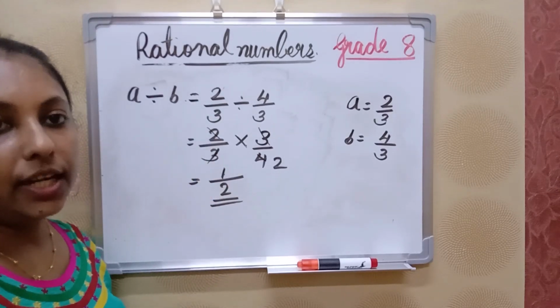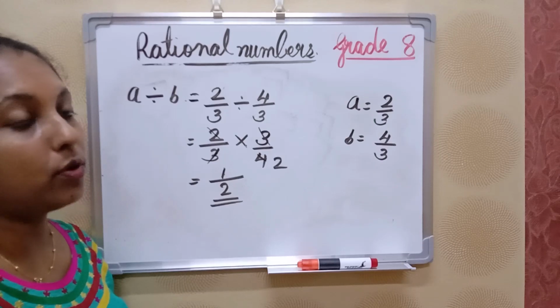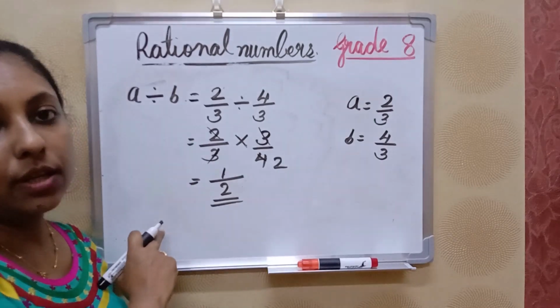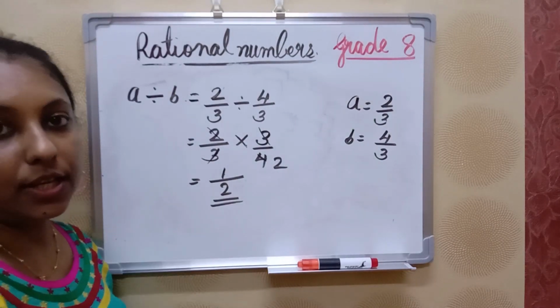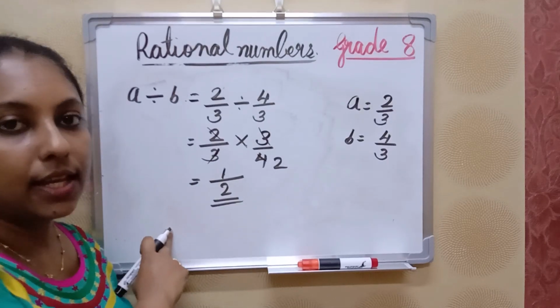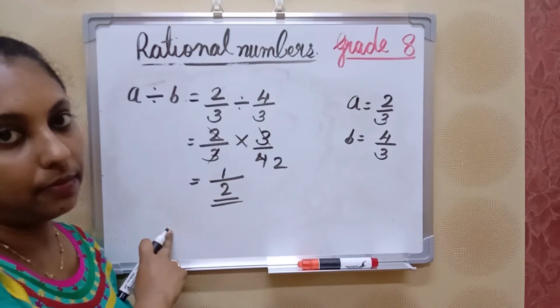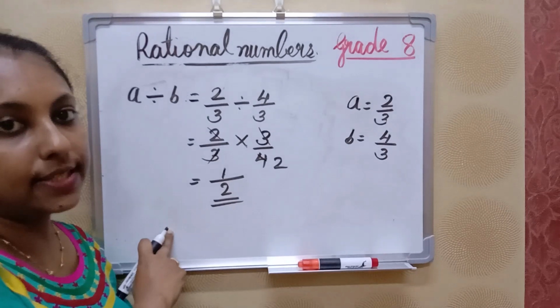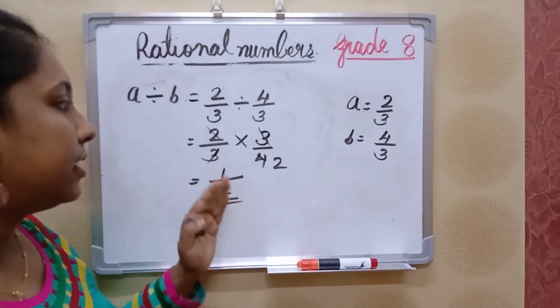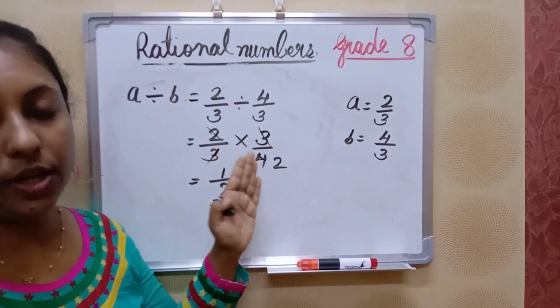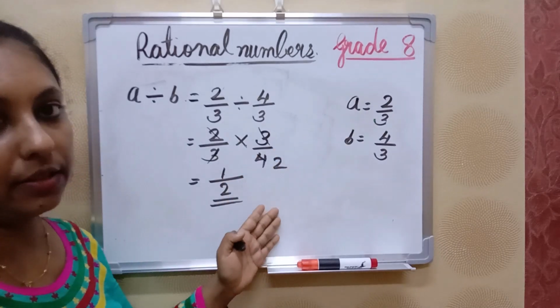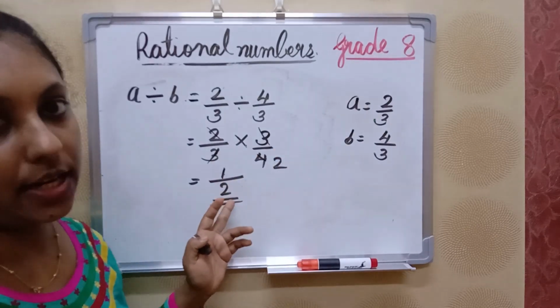But division by 0 is not possible. Division by 0 is meaningless. So in this case, division is not possible. So except 0, the rest of the numbers we can divide, and we will get another rational number.